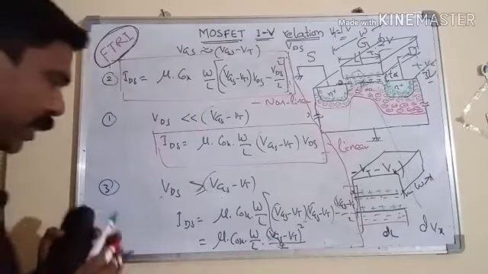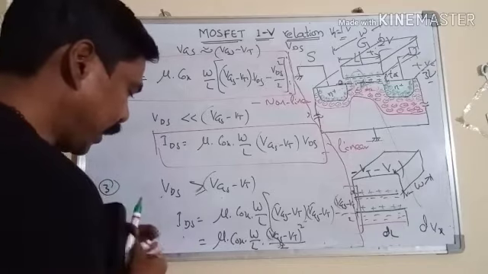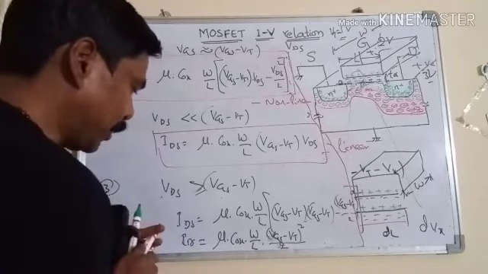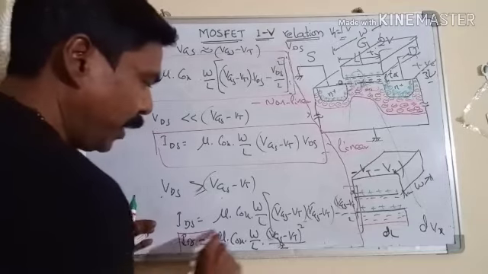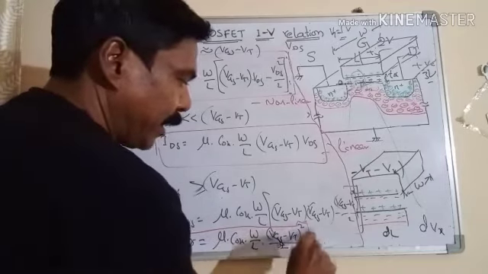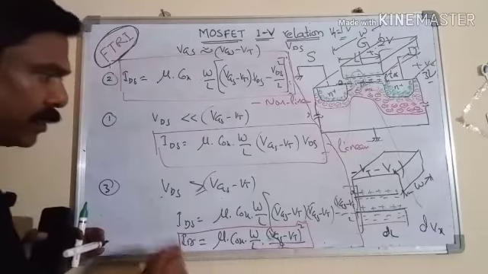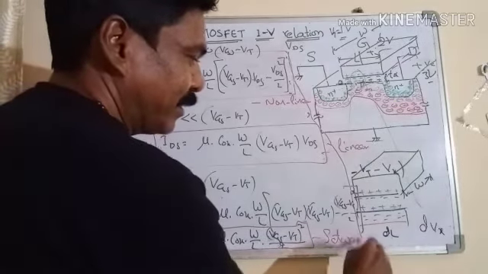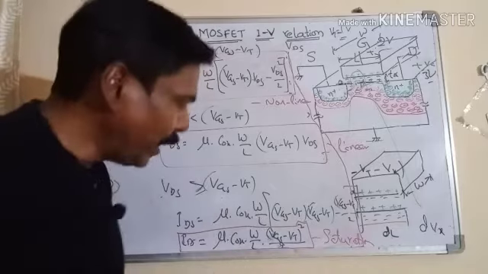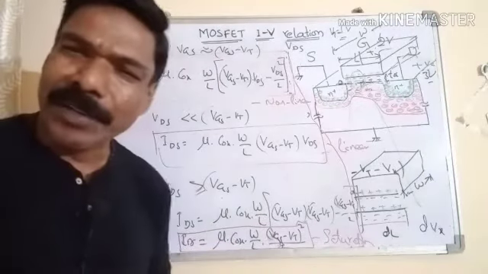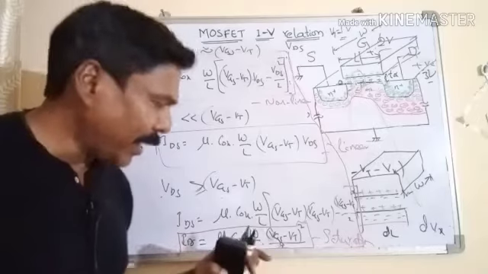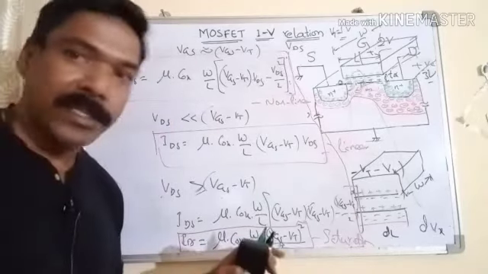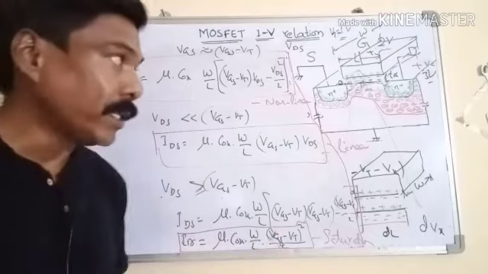This is the expression for the drain to source current in the saturation region, for which VDS is greater than or equal to VGS minus VT. This is called saturation. That means there is no VDS term in this. The current is saturated, so further increase in VDS is not changing the current, ideally, for a long channel device.